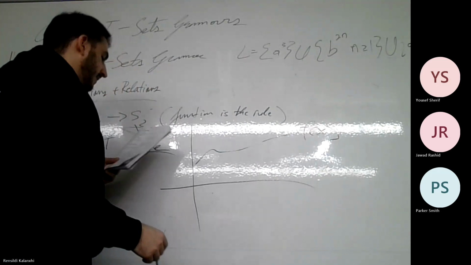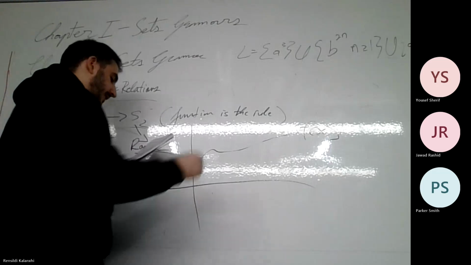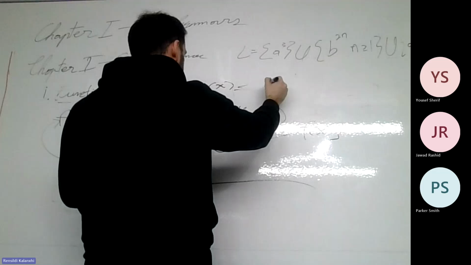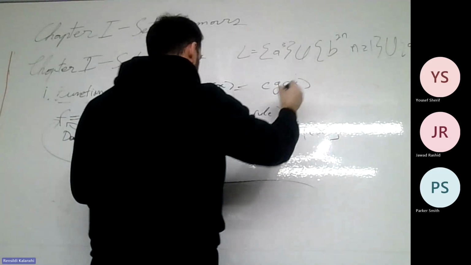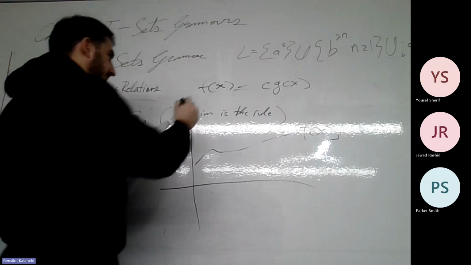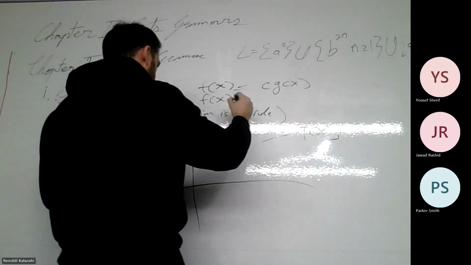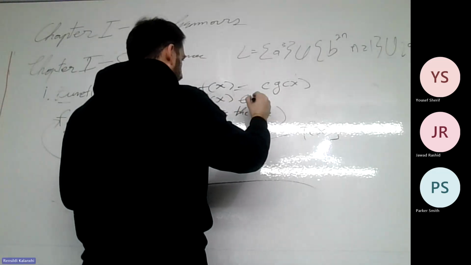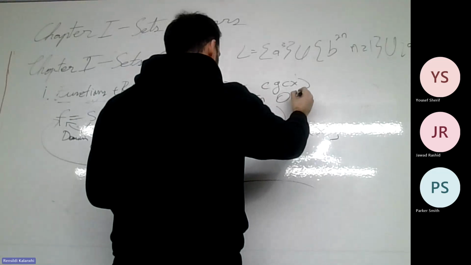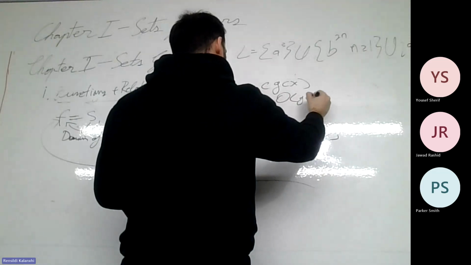And let's state that f of x is smaller or equal than C times g of x.